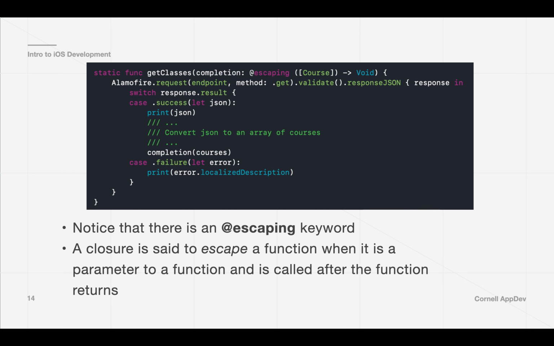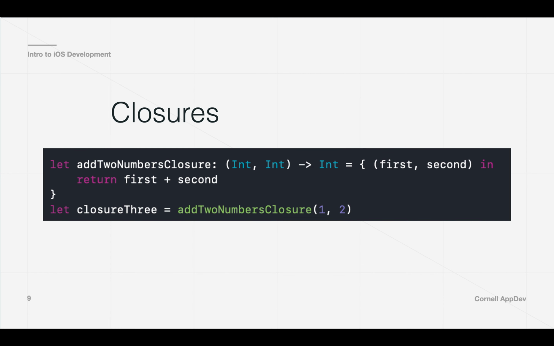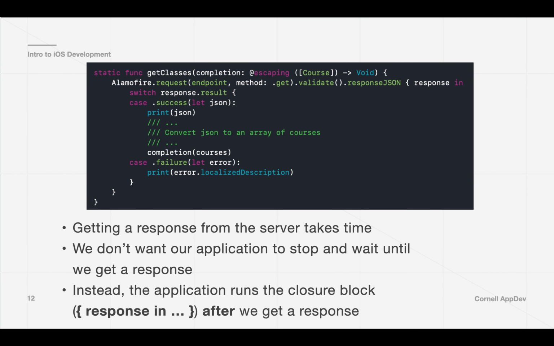And so the courses are being passed after the function getClasses is completed, just because the Alamofire request is also asynchronous. And so that's why we use the @escaping. You'll notice we did not have the @escaping here, and that's because it's just not being used after the function returns.